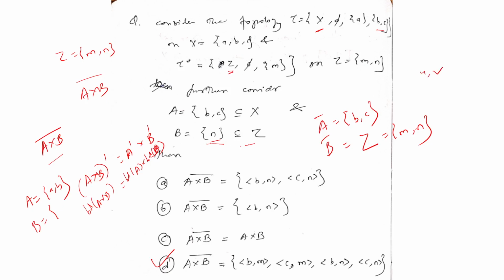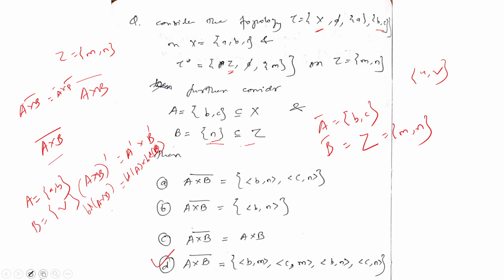You said you are taking U comma V, that other set. So B you are taking V. Okay. So for this example, you are getting A cross B closure is equal to A closure cross B closure.